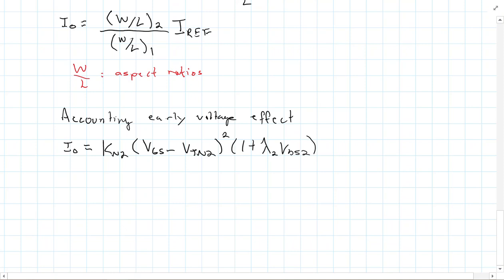And again, that's because we know that they're going to be at different VDSs, and we can then write IREF is equal to KN1 times (VGS minus VTN1) squared times (1 plus lambda 1 VDS1).